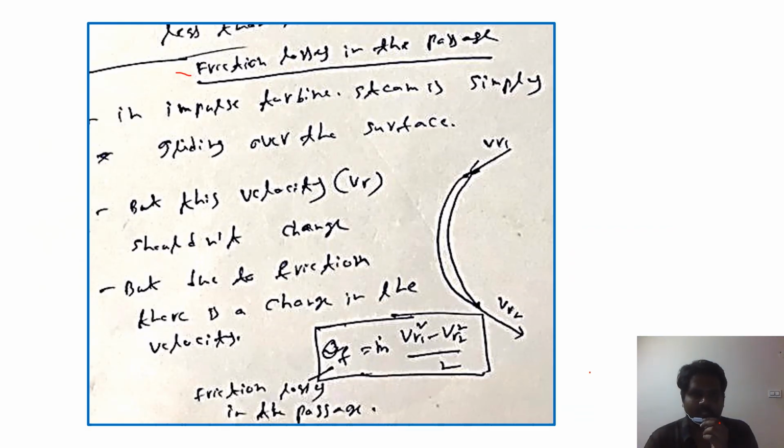Now friction losses in the passage. As we know, in an impulse turbine, the steam will flow and glide over the passage of the blade. Okay. If there is no friction, the relative velocity should be equal, Vr1 equals Vr2. Okay. But in actual practice, there will be friction. So the friction loss Qf equals m dot, the relative mass flow rate, into Vr1 square minus Vr2 square divided by 2.